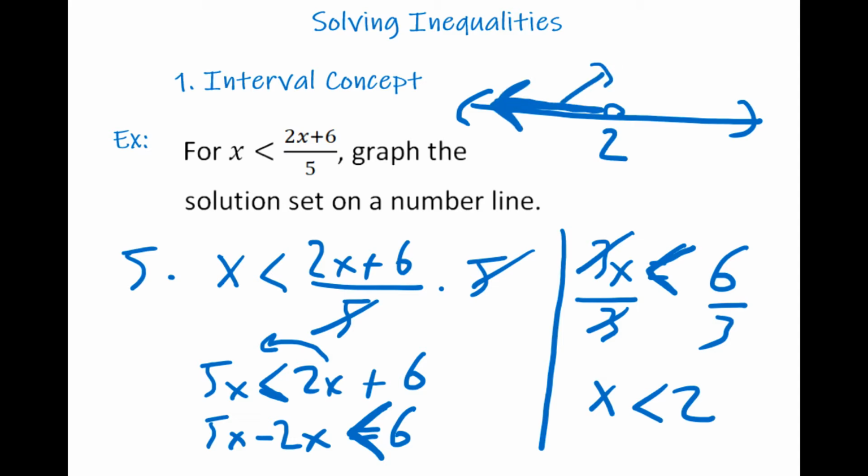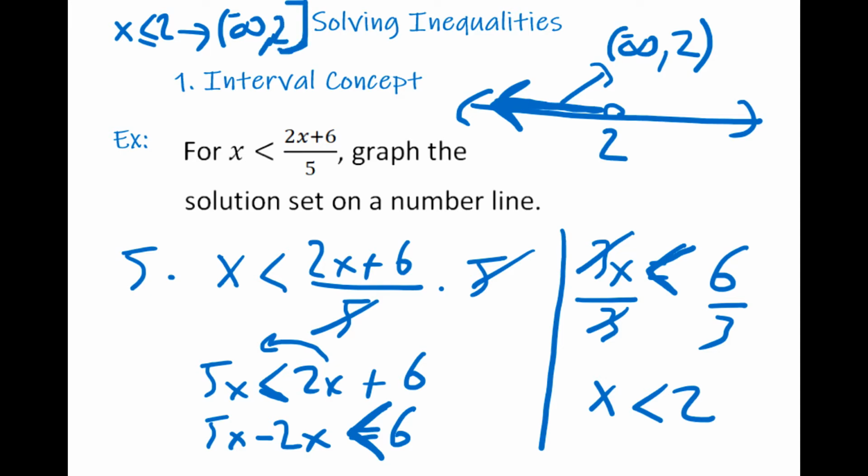This shows that x is less than 2, or in other words, as an interval we can say that it can be represented as from negative infinity to positive 2, and because there is no equal symbol, we can just put parentheses here. Let me show it here: x is less than or equal to 2. In this case, we're going to say from negative infinity to positive 2, but there is a square bracket on the right.